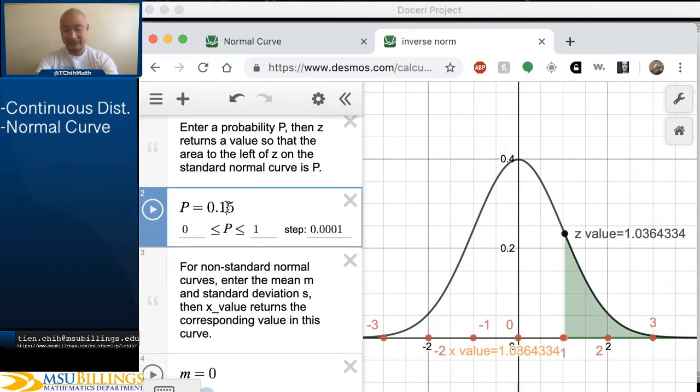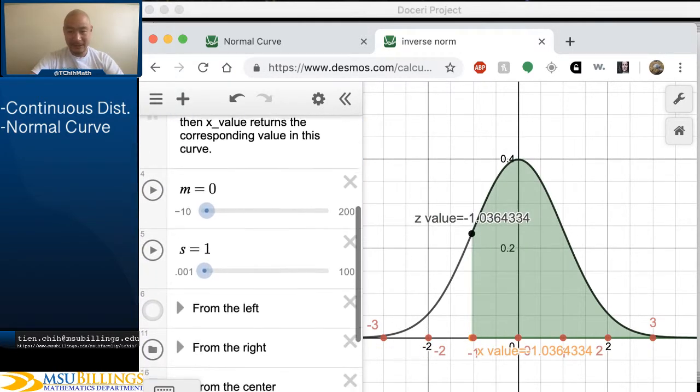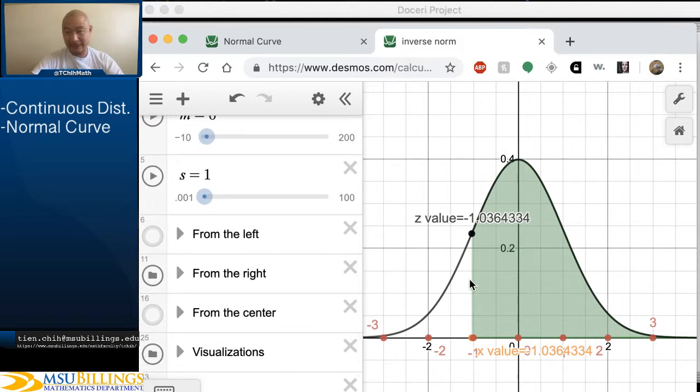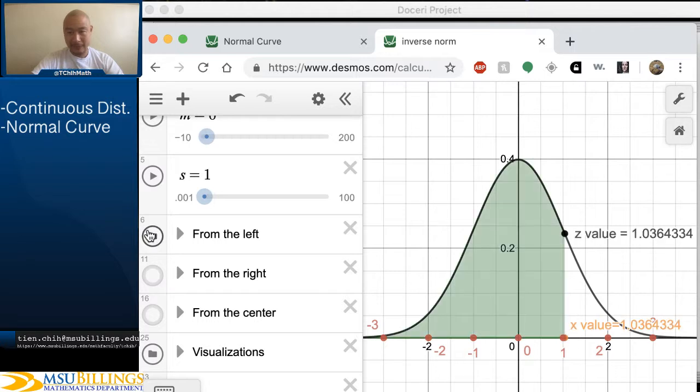So I changed 75 to 85. And again, like we said, if I come in from the right, I get a negative 1.0364. If I come in from the left, I get the positive 1.0364. So hopefully that is all very useful to us here.